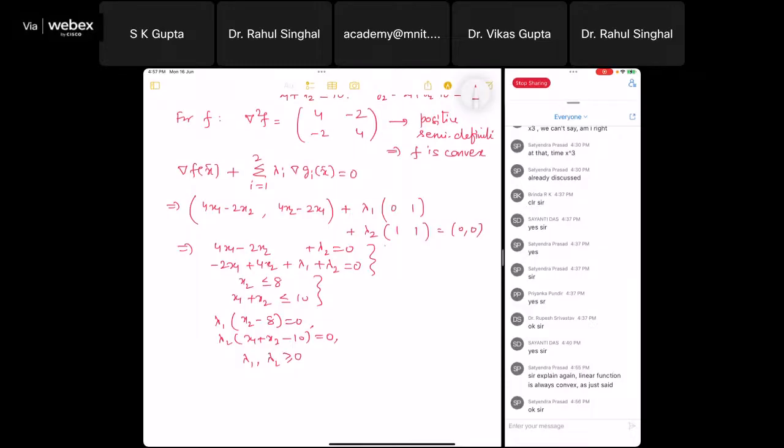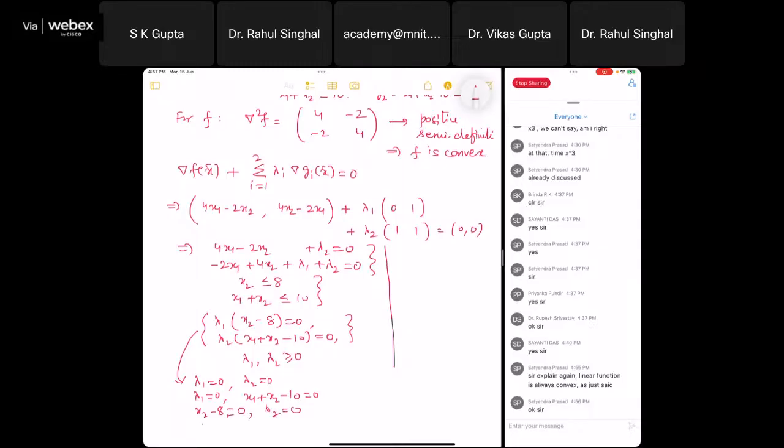So a point that satisfies these conditions will be the global minimum point of the given problem, right? Now, how can we solve it? We can solve by making four cases. See, by these two, we can see either lambda 1 is 0 and lambda 2 is 0. This is the first case. Lambda 1 is 0 and x1 plus x2 minus 10 is 0. Second case. The third case is x2 minus 8 equal to 0 and lambda 2 equal to 0.